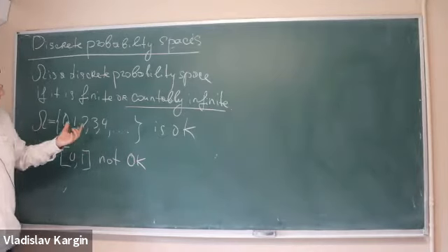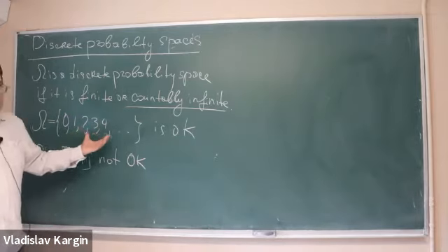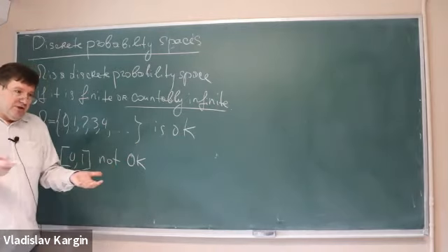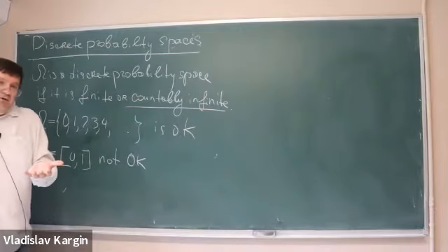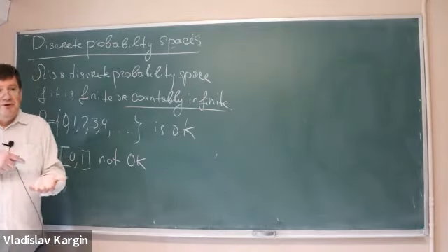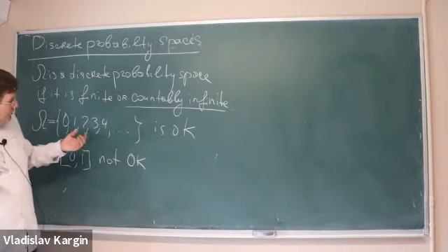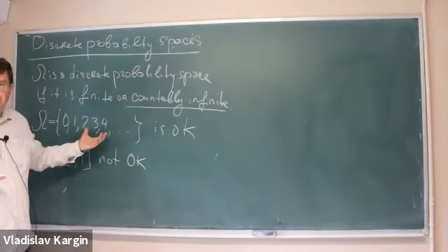In the finite case, it's just a finite sum. In the countably infinite case, it's not a finite sum, but you can write it as a series. And in calculus, you learn that you can sum the series and find the limit of the series if it's convergent. So it's a well-defined concept of a sum of the probabilities.